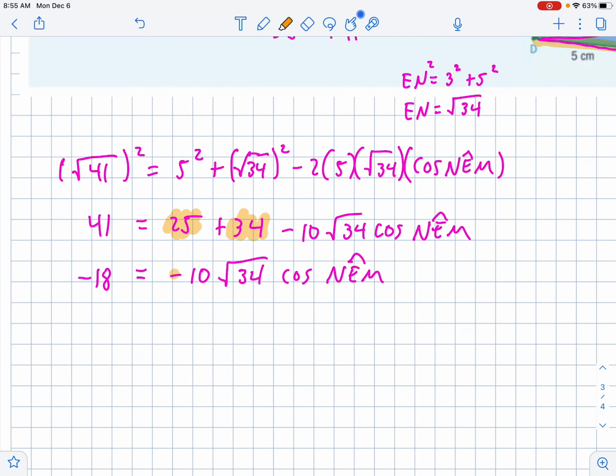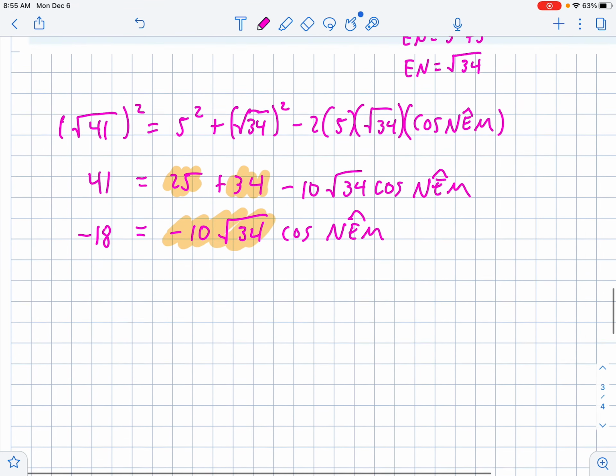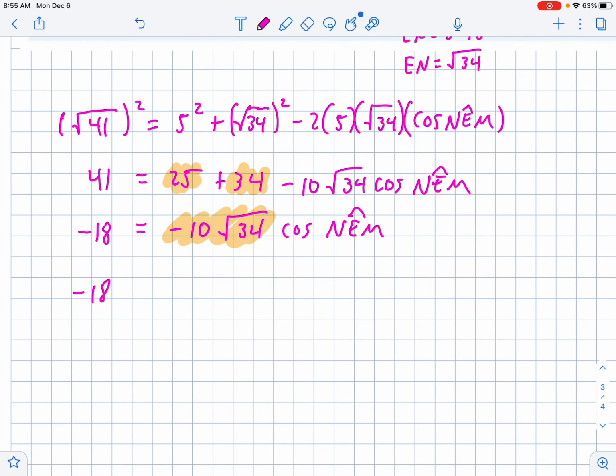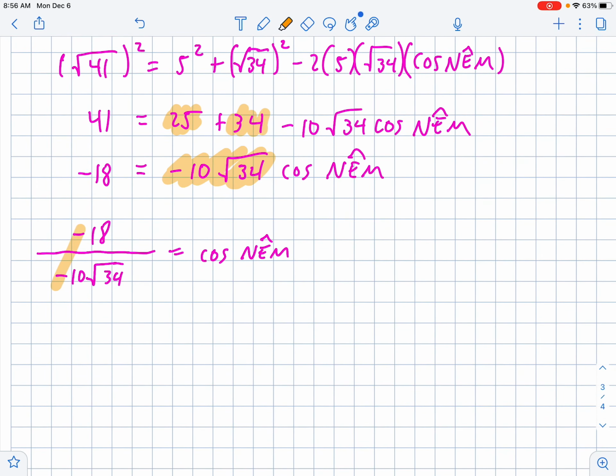Now I need to divide both sides by this coefficient. No need to decimalize that. We're just going to keep it all as exact as we can. Also, these two negatives cancel each other out, so I'll just get rid of those. Then I have to do an inverse cosine. Cosine to the negative 1, 18 over 10 root 34. So you have to punch that all into your calculator, and then round to the nearest 2 decimal points. I believe that's 72 degrees.